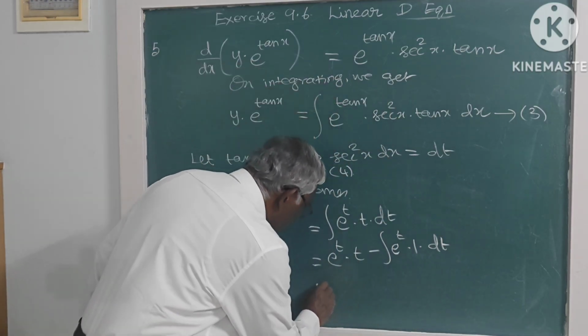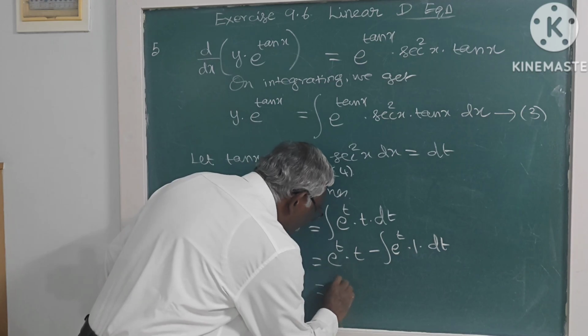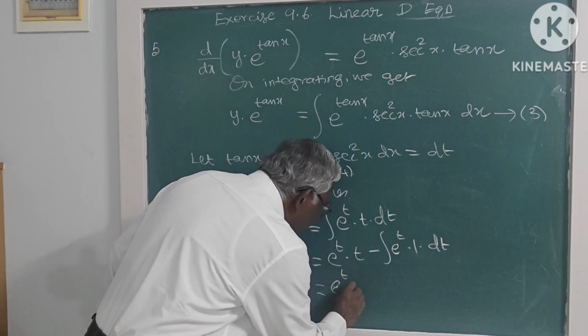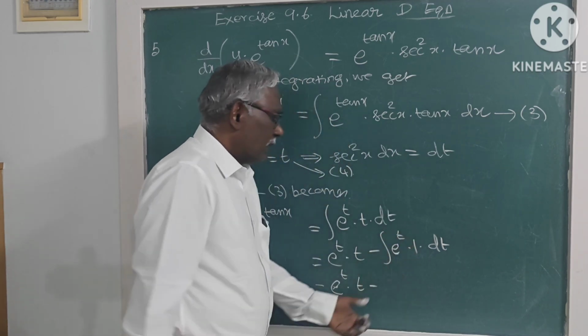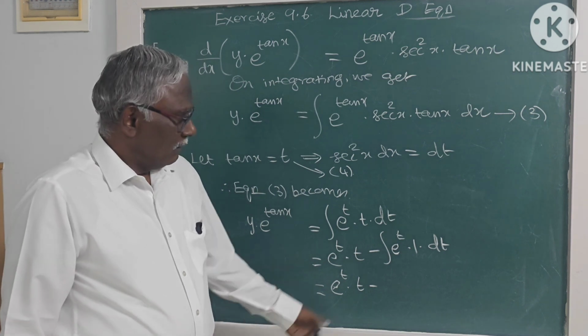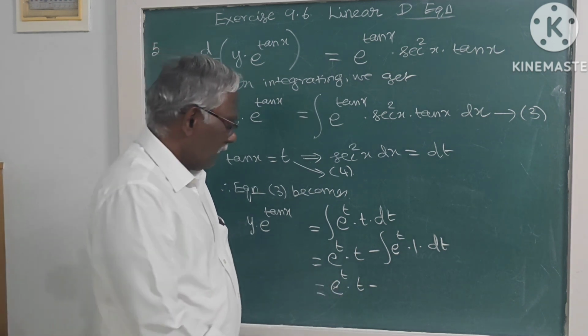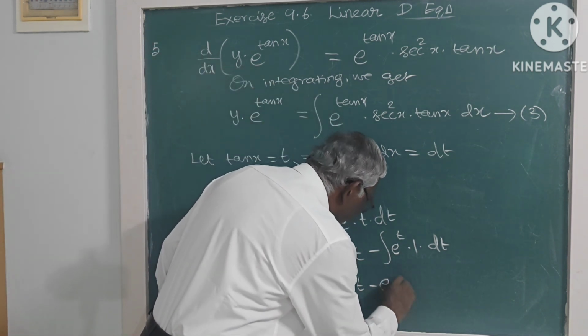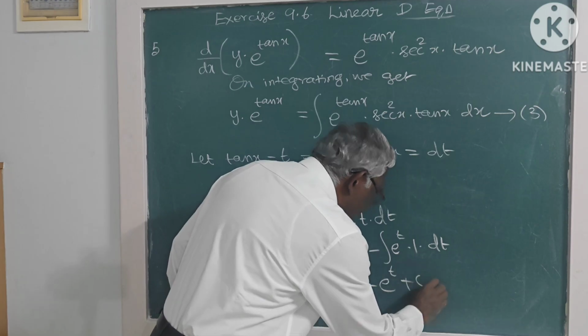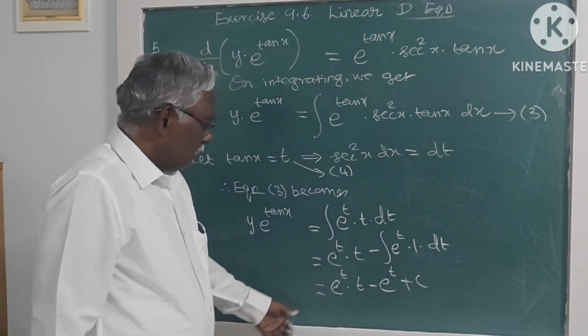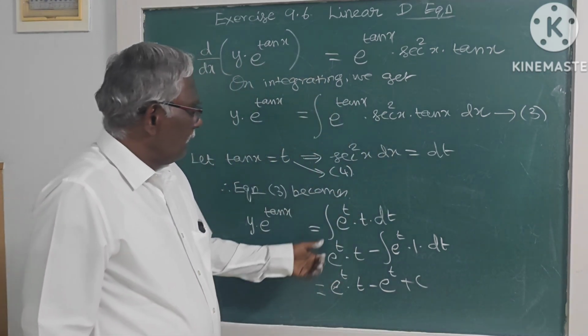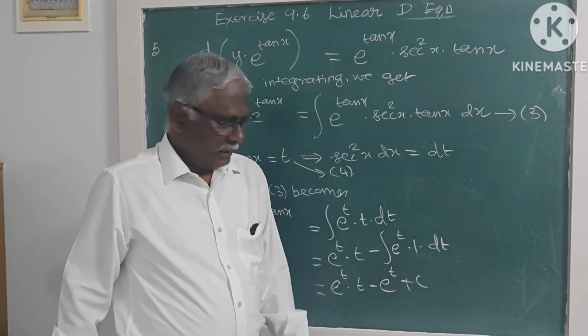So this becomes now e power t into t. If we integrate e power t with respect to t, we'll get e power t only plus constant. But what is t? T is nothing but tan x.